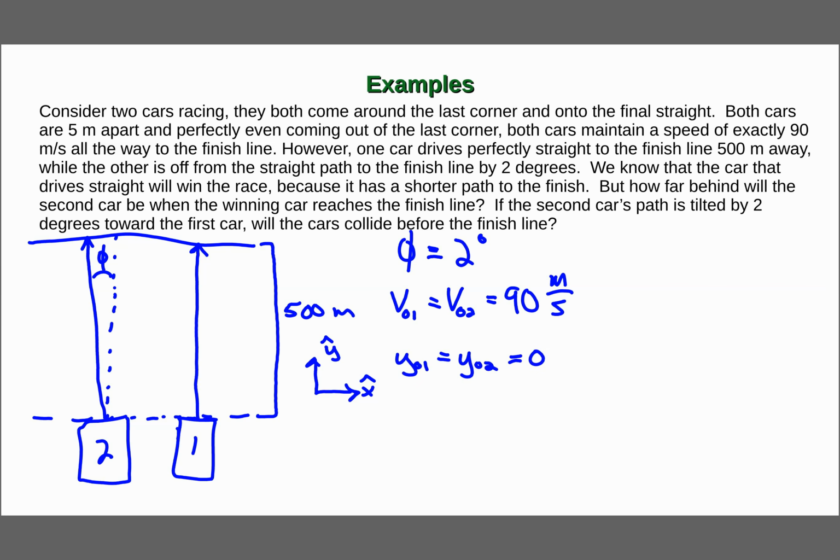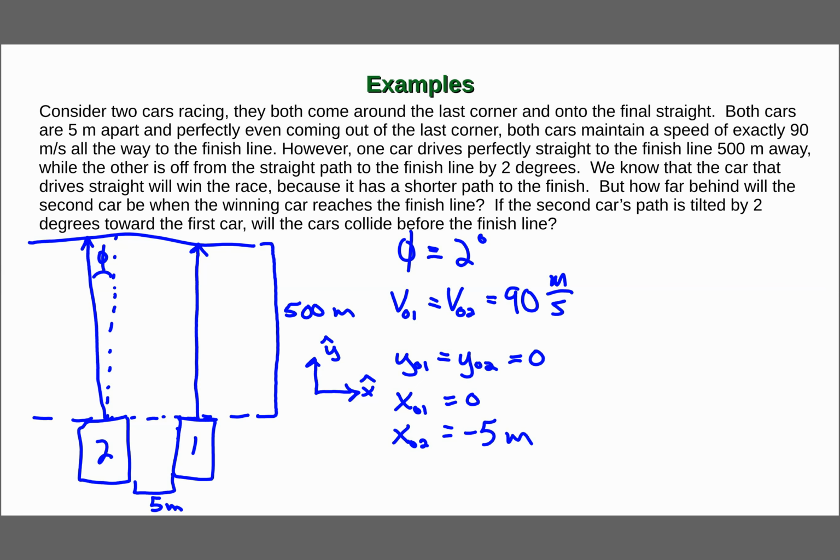And then we'll also choose our origin so that x0 of car 1 equals 0 and x0 of car 2 equals minus 5 meters, because we have it drawn here 5 meters to the left.